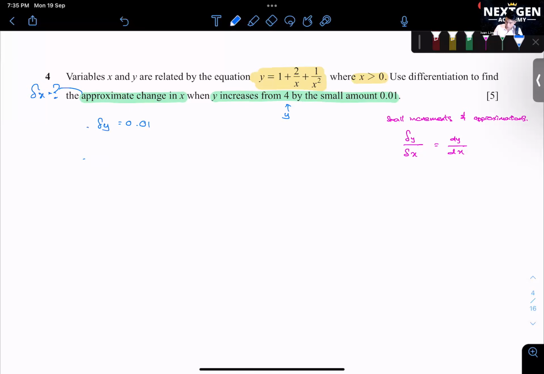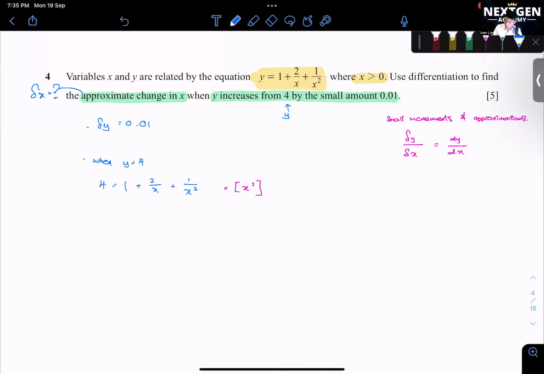So when y equals to 4, 4 equals to 1 plus 2 over x plus 1 over x squared. These are a little bit more steps if they ask you to find delta x. Go and solve this. Multiply the whole thing by x squared.